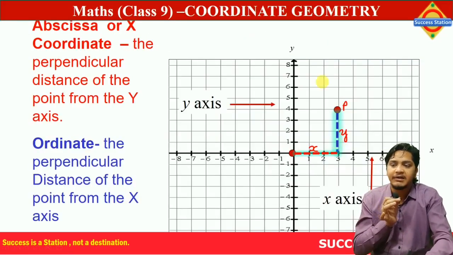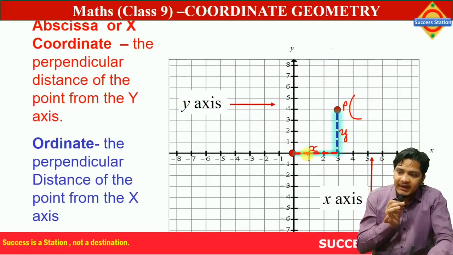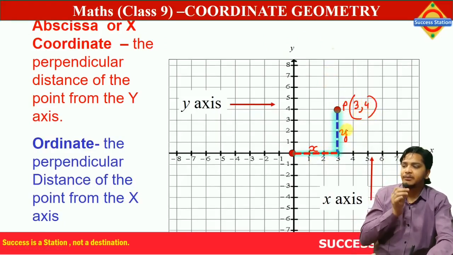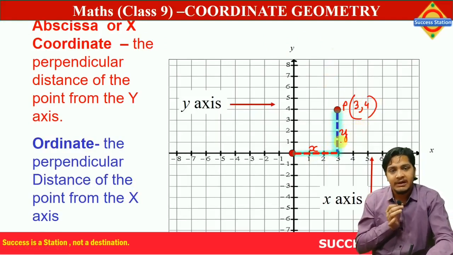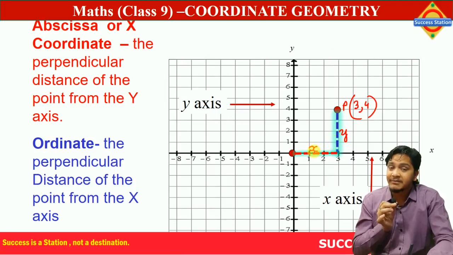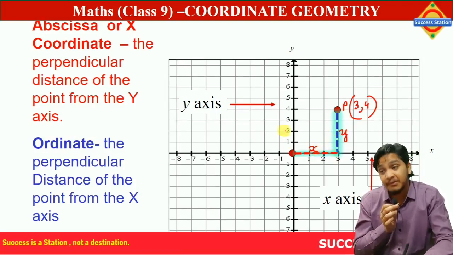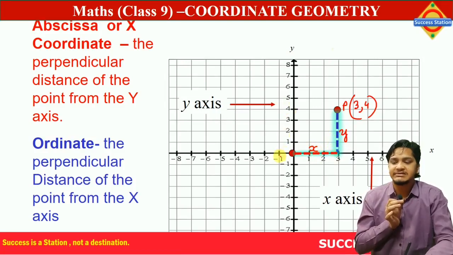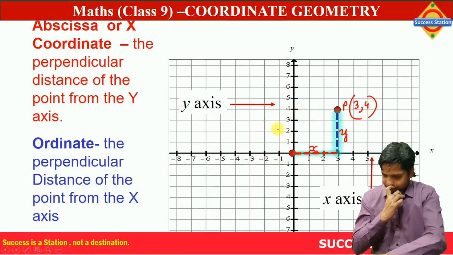Clear or not clear? So let's write the address also. X was 3 and y was 4. So it will be (3, 4). Remember very nicely. X is horizontal, but it is the perpendicular distance from the y-axis.